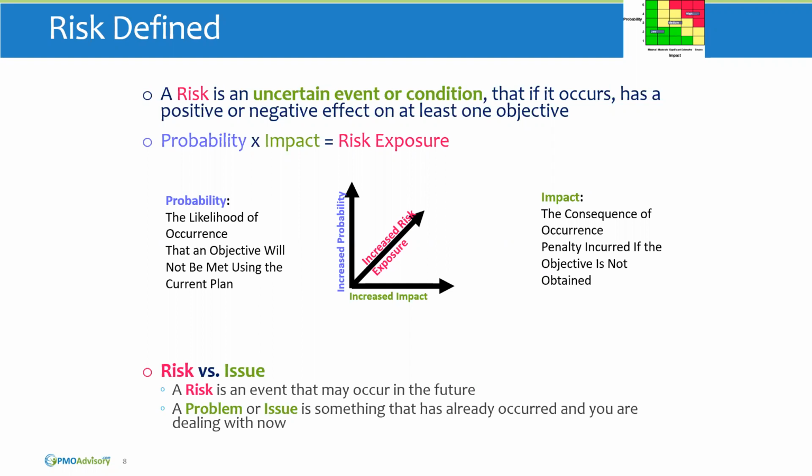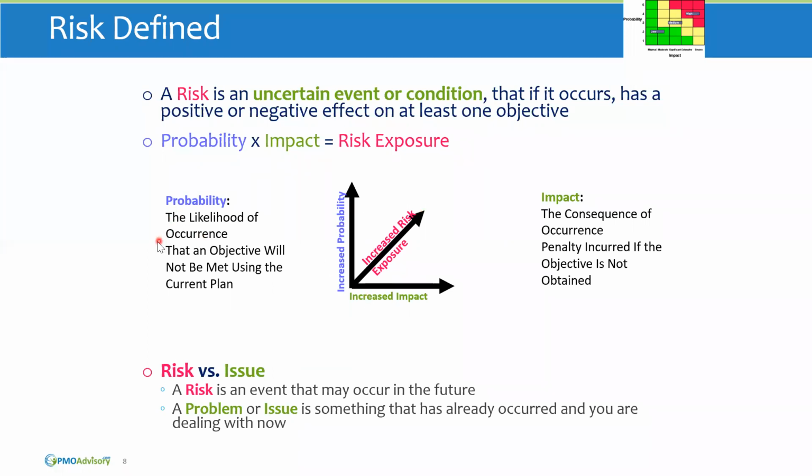When we look at a risk, we want to look at it in 2 aspects, both probability and impact. And then we want to determine the risk exposure or risk score based on both. This is one thing that I often see missing: people focus on either probability or impact, but not both. We really want to consider both.